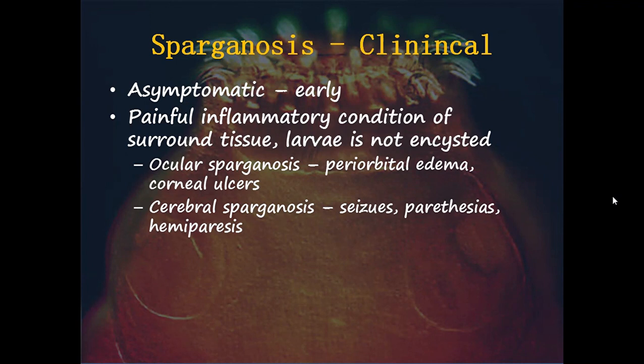So if it goes into the eyes, it becomes ocular sparganosis characterized by periorbital edema and even corneal ulcers. They can migrate into the brain and present as cerebral sparganosis characterized by seizures, paresthesias, hemiparesis, or stroke-like symptoms.